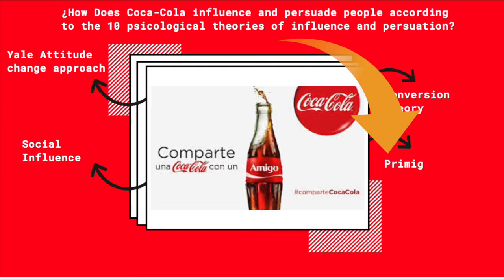The fourth and last theory they are using for their promotion is the priming theory, in which Coca-Cola uses a very effective marketing campaign to persuade and stimulate their clients to forget the disadvantages of the beverage. It is always persuading your short-term thoughts, making you try to forget about the bad things of the beverage.